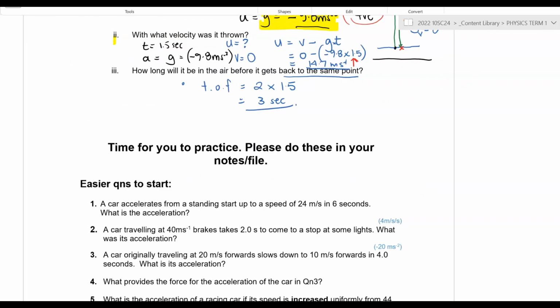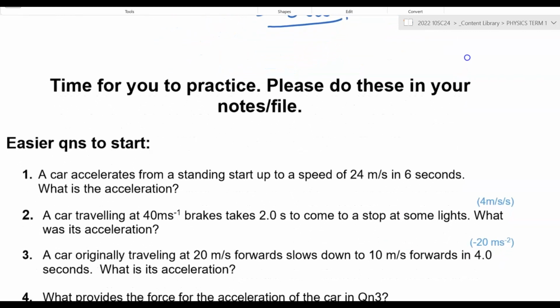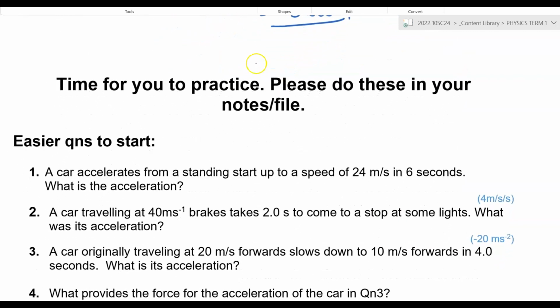Right, like it says, now time for you guys to get cracking with some practice. Please, like it says, do these in your notes. Sure, the first few are easy, you can probably do them in your head, but you need to do these in your notes, in your exercise book.